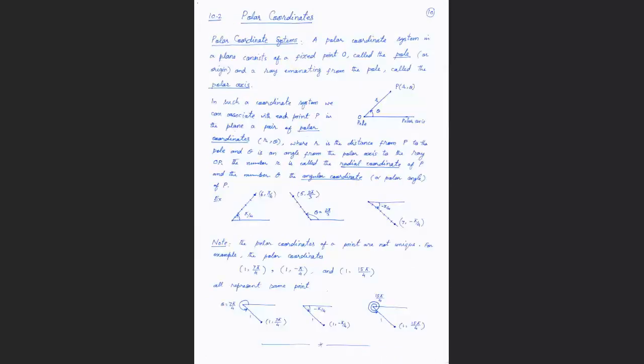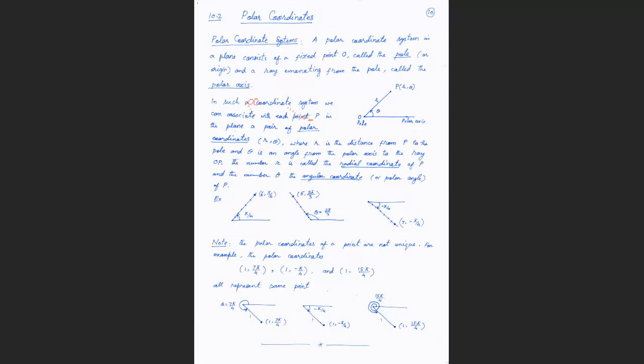Similarly, you have 5 points and 2 pi by 3. 2 pi by 3 means 120; this is 180 and 120. 1, 2, 3, 4, and 5. This is 5 points. Next one is 7 and minus pi by 4. 1, 2, 3, 4, 5, 6, 7. This is 7.